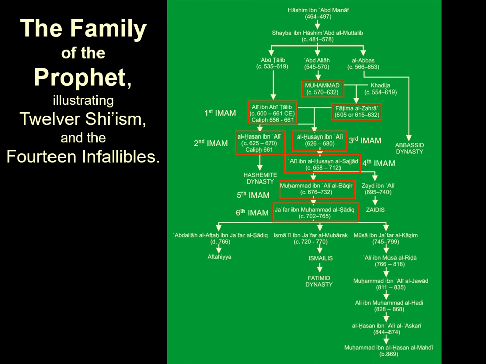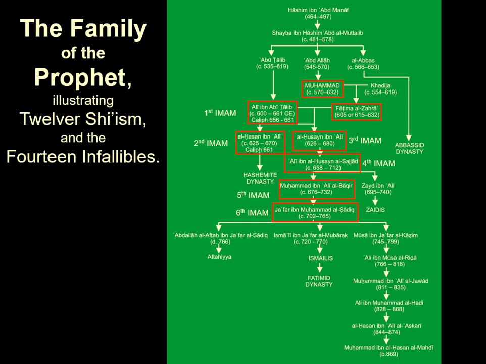Then there's a split in Shia groups, with the short-lived Aftaiya, which just lasts a generation, and the descendants of Ismail, being the Ismailis of the present day, and also the Fatimids, and from them the Druze.